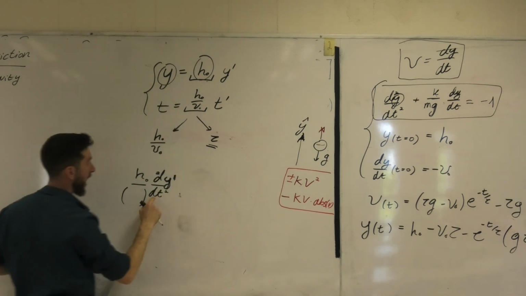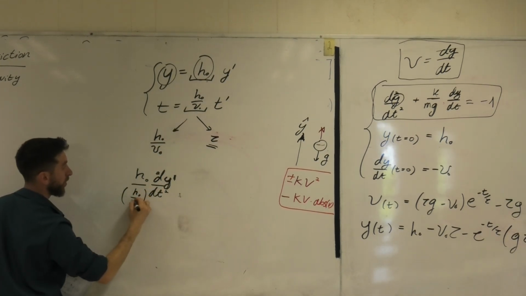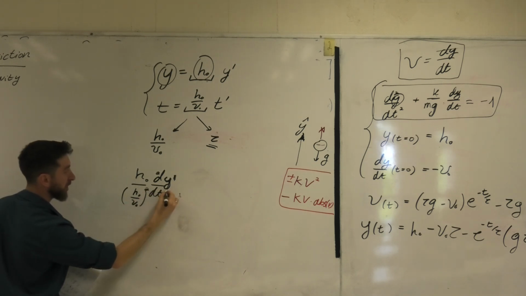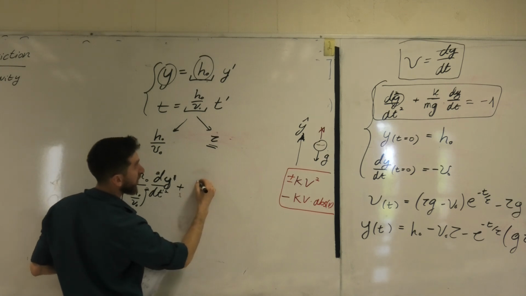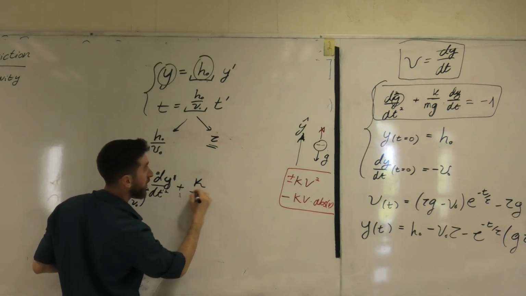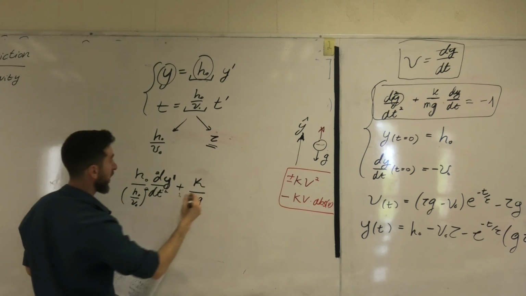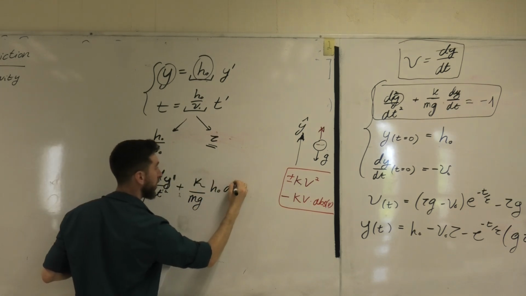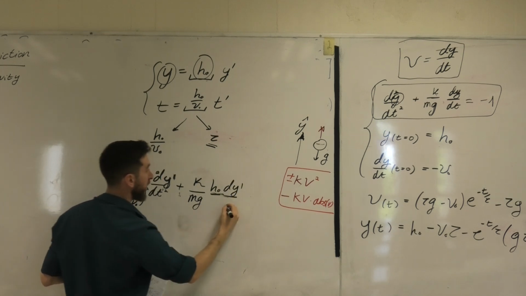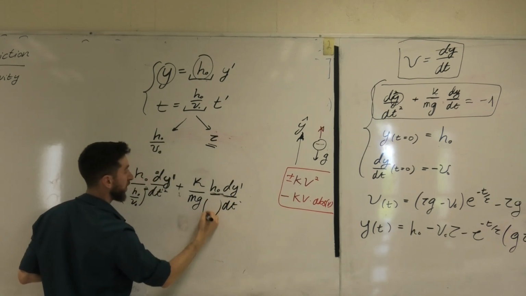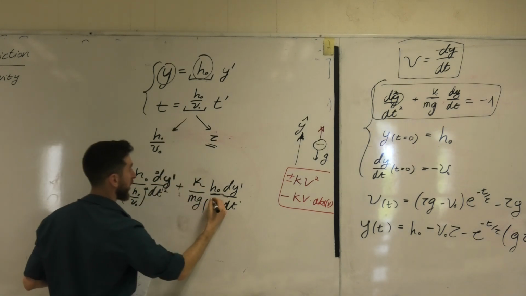H naught. And for t, I'm going to put this one, right? So h naught over v0, and it must be squared, you see, because you have your square, plus k, right? mg, and there what I have h naught dy tag divided by dt, dt tag.